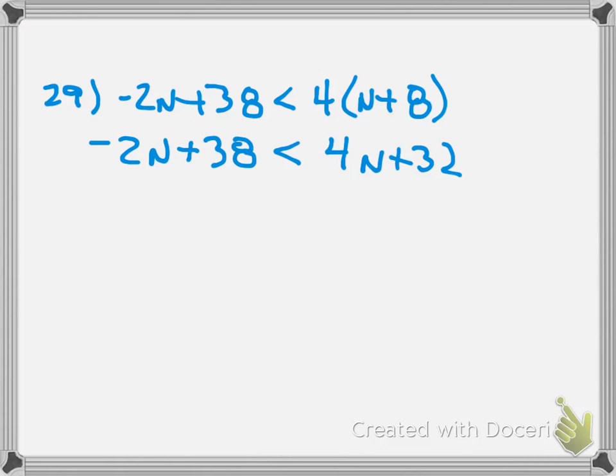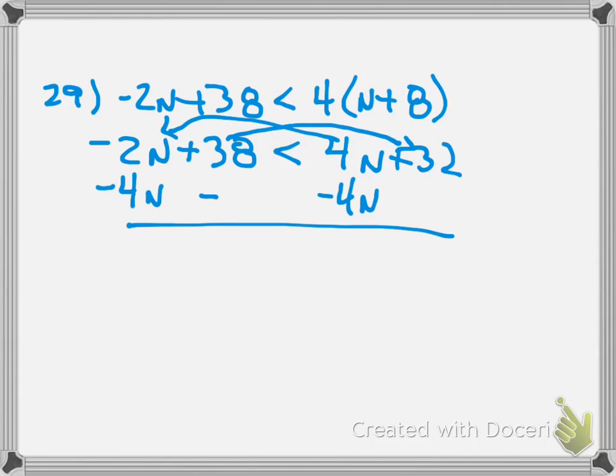Now, this is what I like to do. Like I said, I like to make variables go to the left and numbers go to the right. So when I say variable to the left, that positive 4n will become a minus 4n. And the plus 38 will become a minus 38. That gets rid of the 4n and 38 on the left and the right respectively.